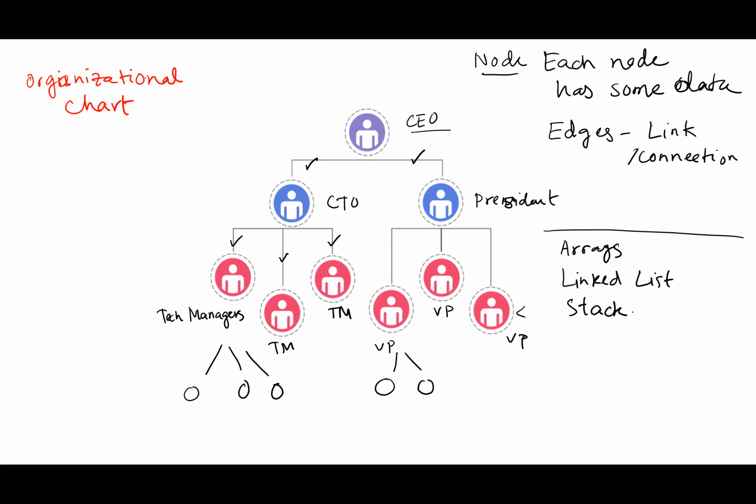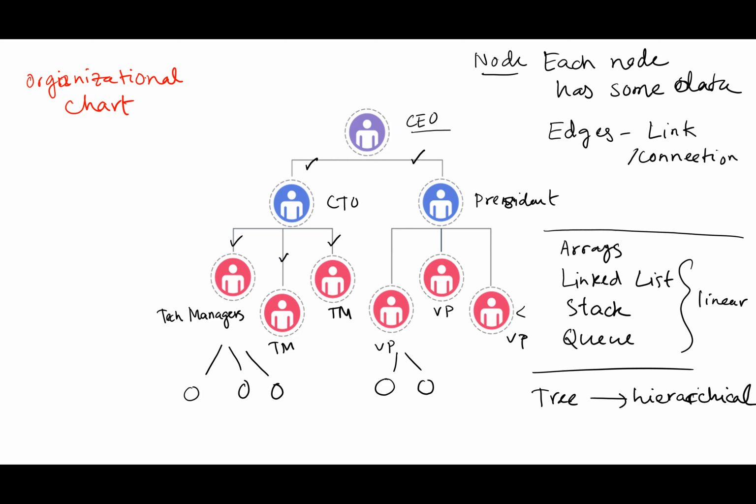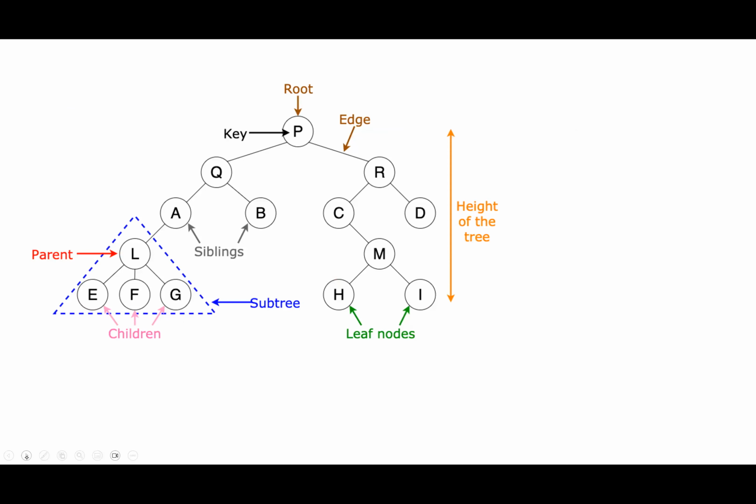These were all linear data structures, whereas tree is a hierarchical data structure. You can see in the picture what a hierarchical data structure means, right?